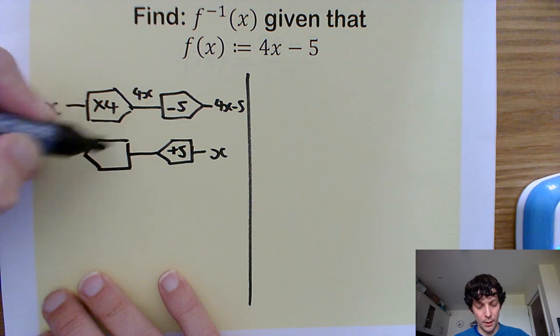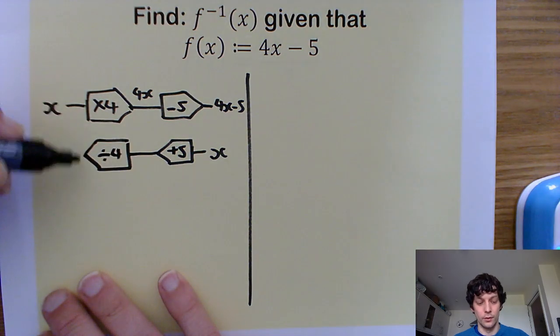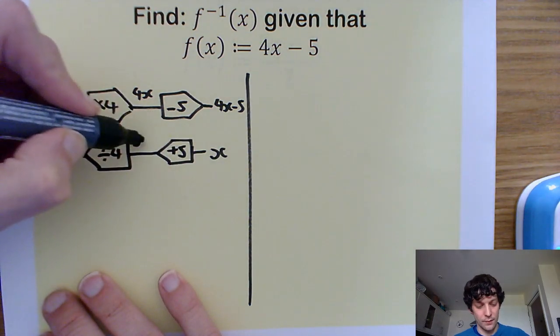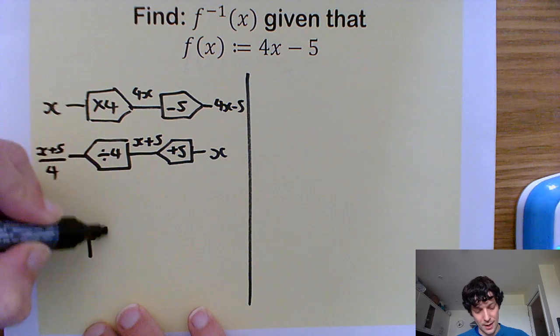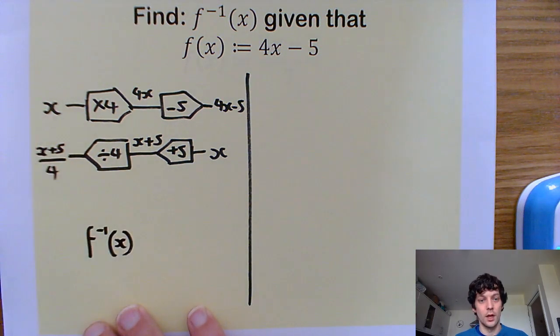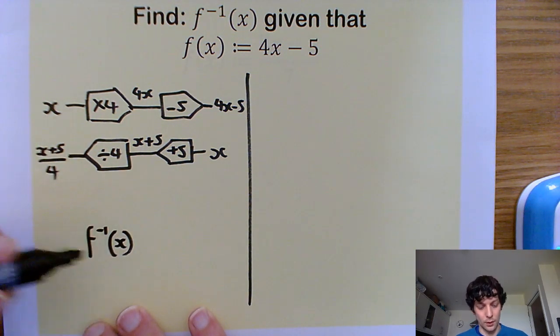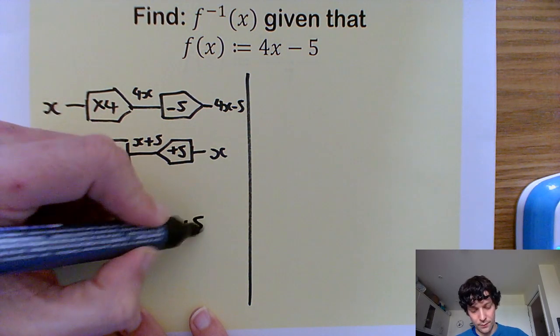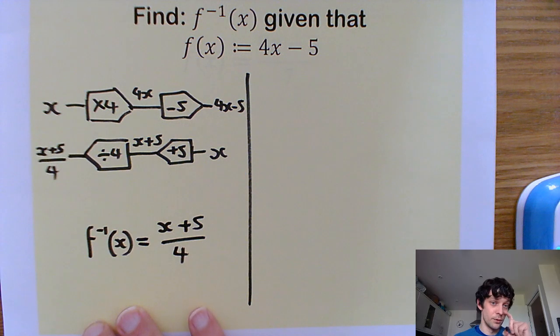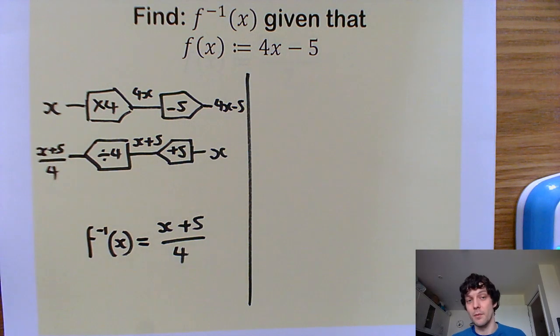Instead of multiplying by 4, I'm dividing by 4. So x plus 5, dividing by 4, x plus 5 over 4. So the inverse function of f, so f minus 1 of x, is x plus 5 divided by 4.